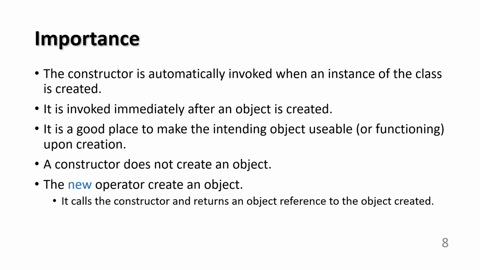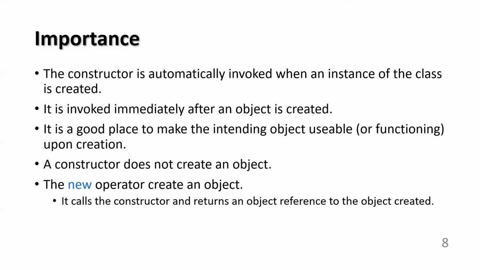Okay, but the thing is, let's just read. The constructor is automatically invoked when an instance of a class is created. It is invoked immediately after an object is created. It's a good place to make the intended object usable. And a constructor doesn't create an object. That's the role of new.